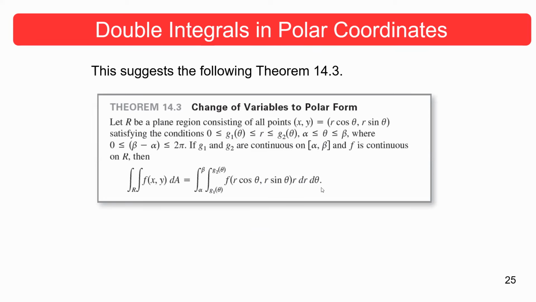All the time, it is in this order. All the time, it has an r there, not just dr and d theta. And then since it's a double integral, the first set of limits corresponds to the dr, and then the outer limits correspond to d theta.